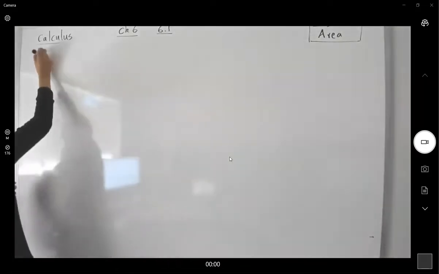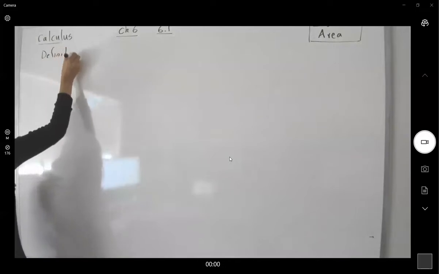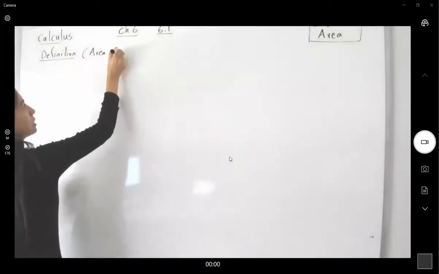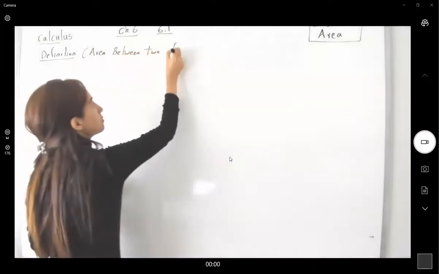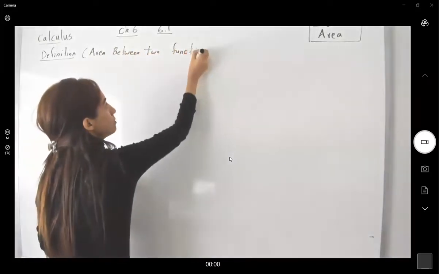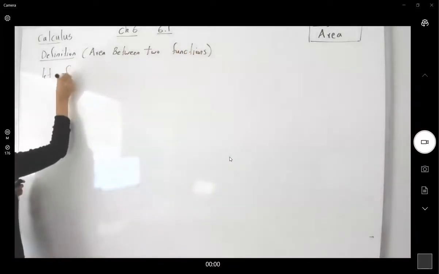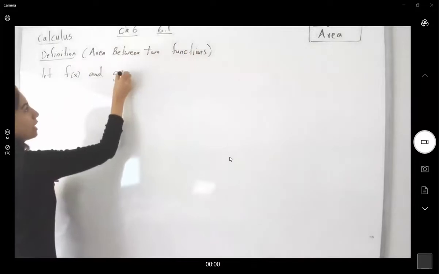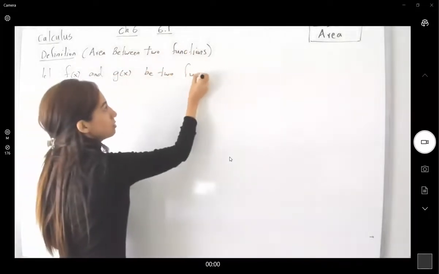So, definition of area between two functions. Let f of x and g of x be two functions.